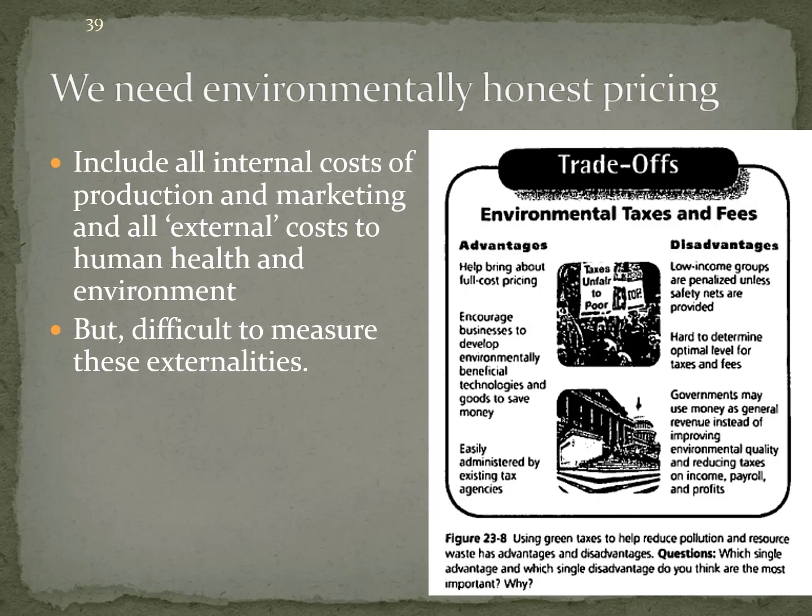Second, the advantages. By including externalities, it encourages businesses to develop environmentally beneficial technologies and goods to save money. So if it becomes more expensive to be polluting rather than green, companies will change what they're doing. They'll become more green in order to cut their costs, stay profitable, and stay in business, right?